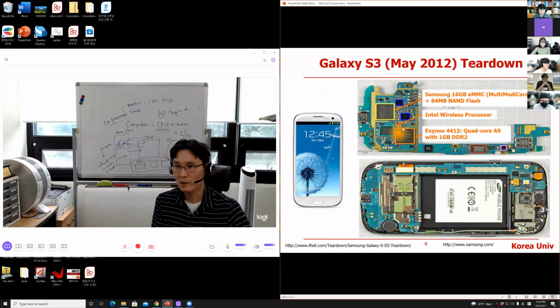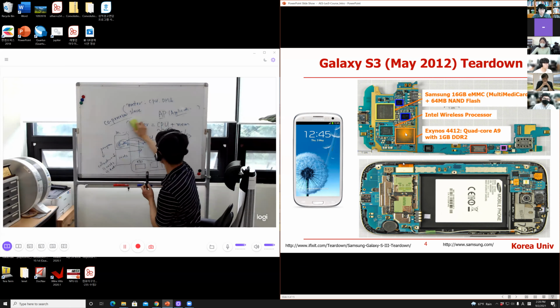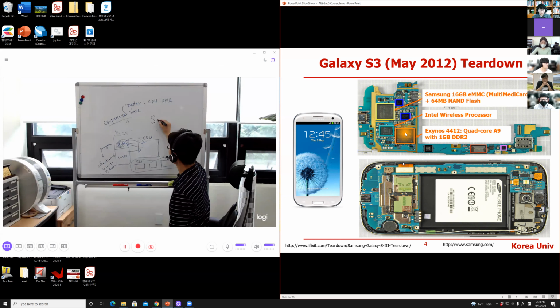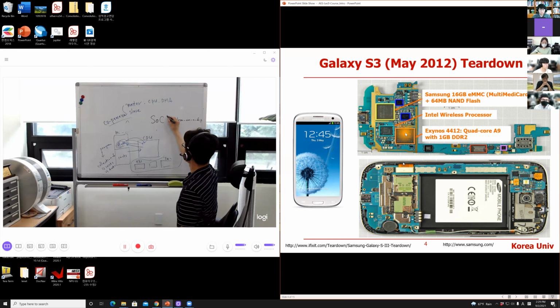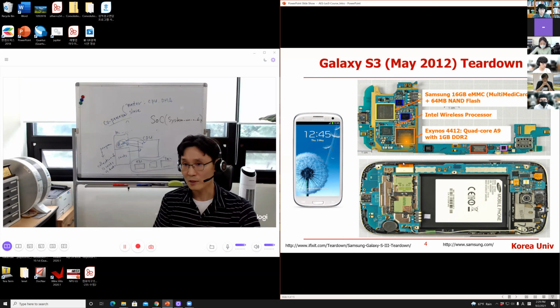This application processor, this one chip alone, is a complete computer system. We call that SoC, system on chip.